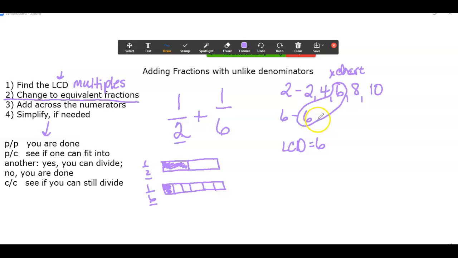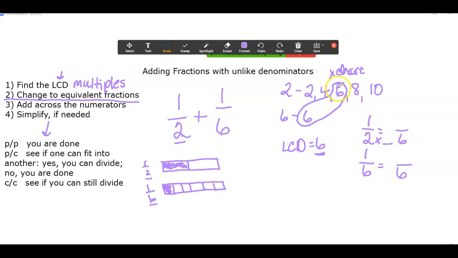Okay? That's step 1. Now step 2 is to take the fractions and change to equivalent fractions. So I have 1/2 and 1/6. And I'm changing to the LCD, which is 6. Okay, and this again is about relationships. 2 times what is 6?